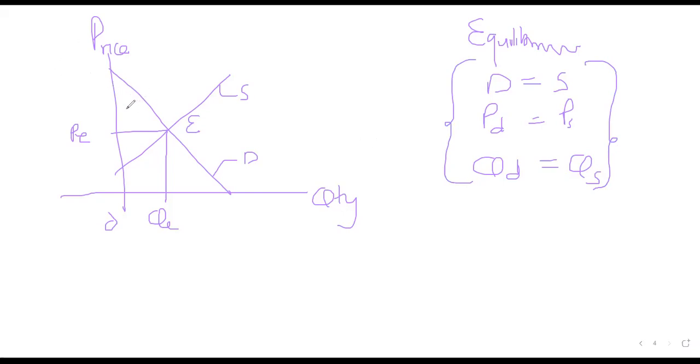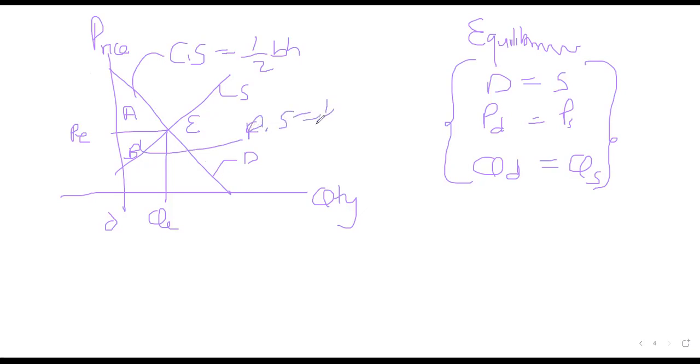So we also have a triangle A and B. Triangle A is the triangle below the demand. It's called the consumer surplus. And being a triangle, we use the formula of a triangle, half BH. B is called the producer surplus.